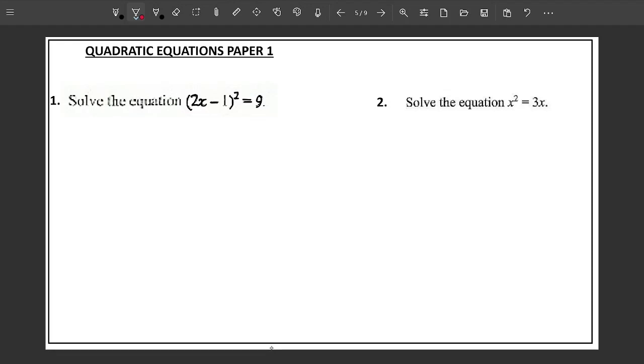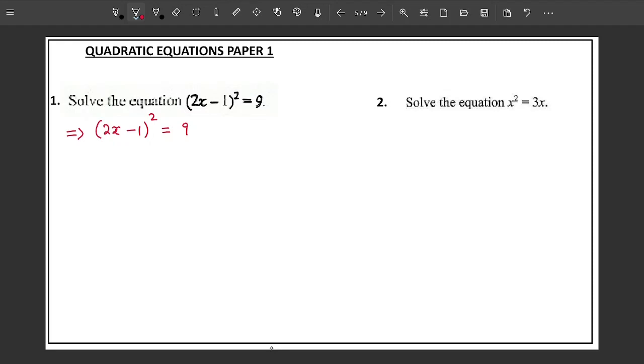Now let's solve this one. This is how you solve such a quadratic expression. Let's rewrite it: open brackets 2x minus 1 close brackets to power 2 is equal to 9. When you have such a quadratic expression, the first thing you need to do is to get rid of the power.